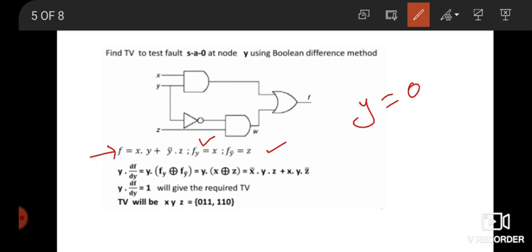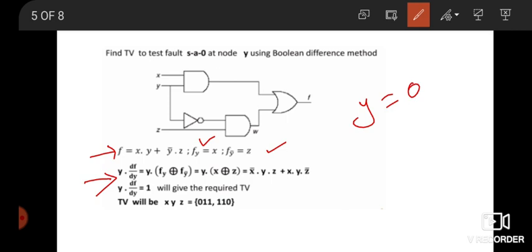Substitute these two expressions in our condition. That means y dot df by dy, where df by dy is Fy XOR Fy bar. Here we write y, because our main aim is to find the fault affected by stuck at 0 at node y.